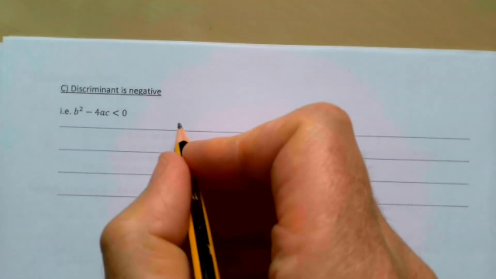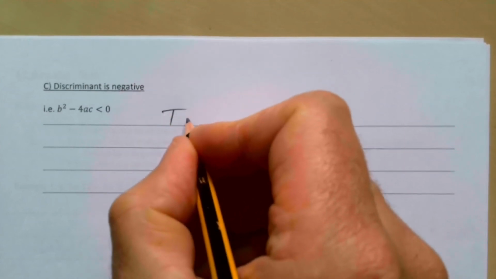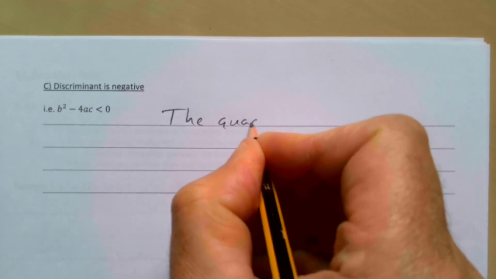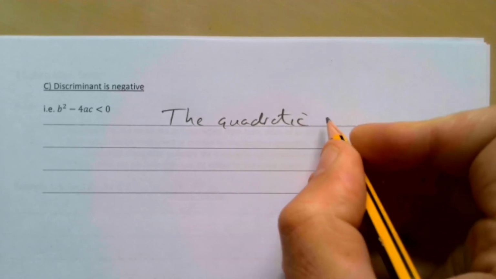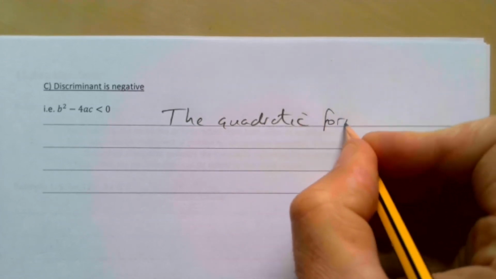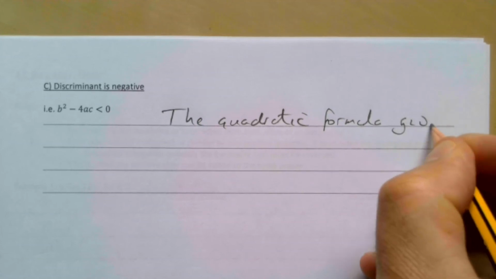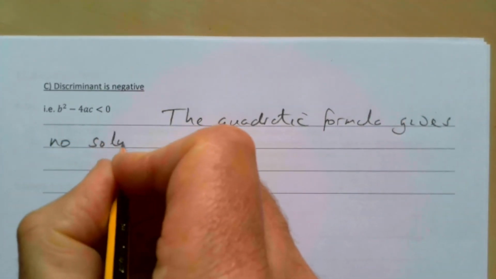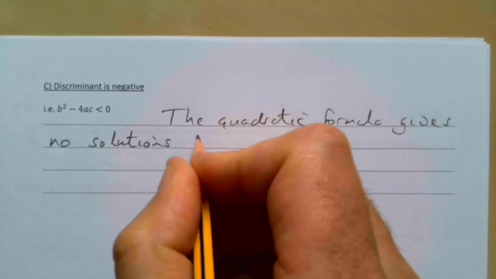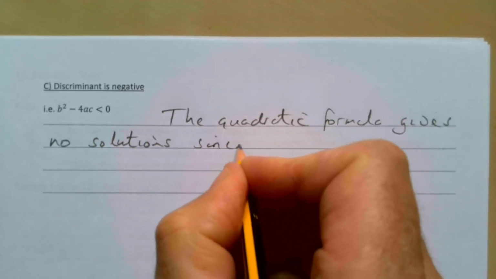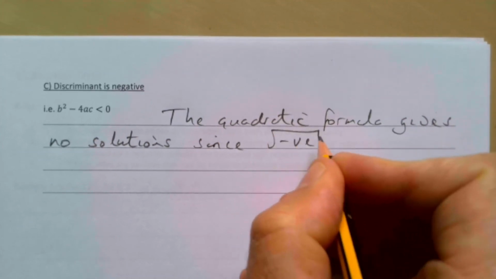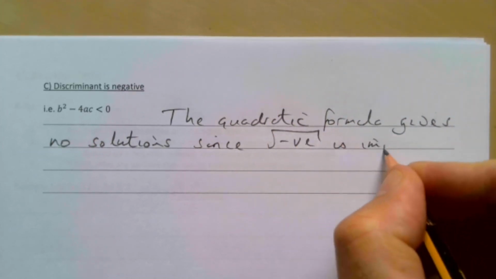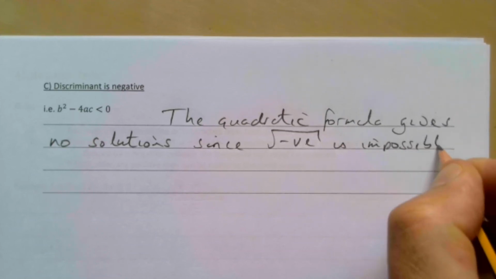And what then if our discriminant is negative? Then it gives no solutions, since the square root of a negative is impossible, well, we'll call it impossible for the minute.